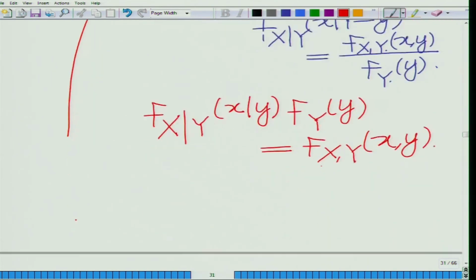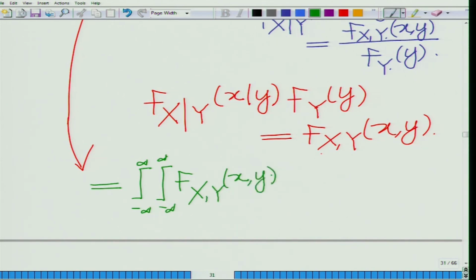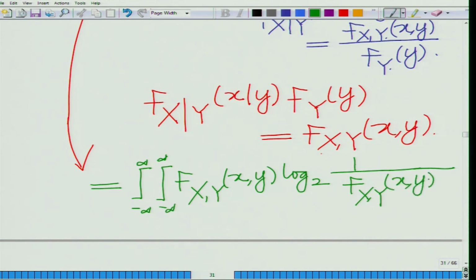Therefore, if you look at this conditional entropy, the definition will boil down to the integral from minus infinity to infinity, integral from minus infinity to infinity, of f of x comma y times log to the base 2 of 1 over f of x given y, times dx dy.